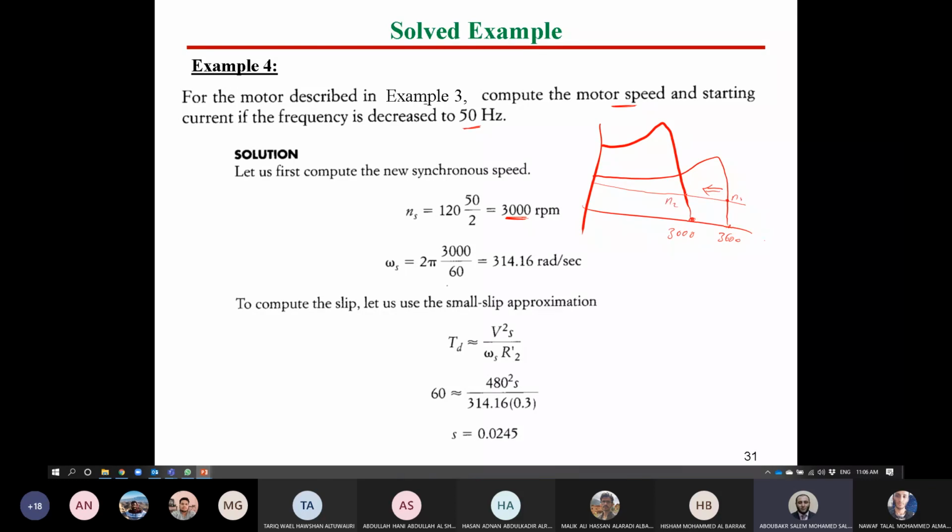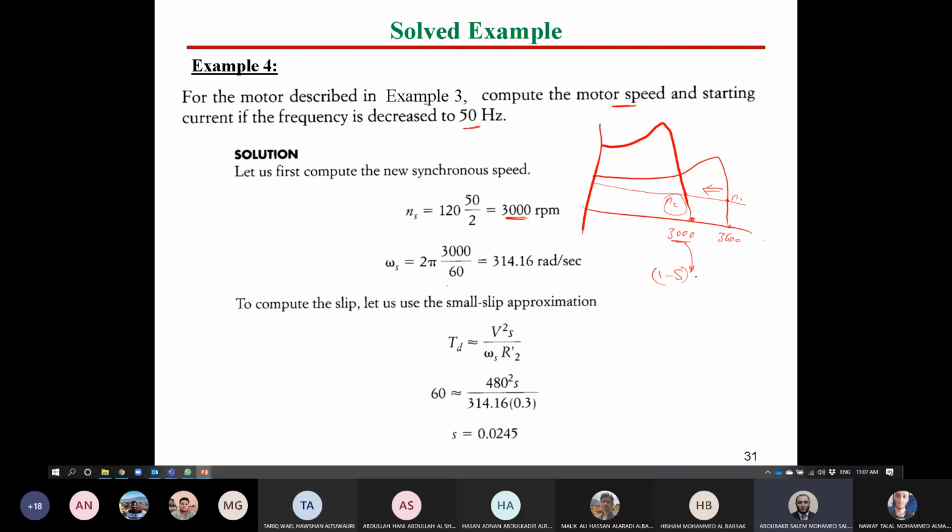In order to calculate N2, we need what, Shabab? We have synchronous speed. In order to calculate the rotor speed, what is the missing data now? The slip, exactly. So we need to calculate S. Then 1 minus S multiplied by the value of NS will give you the motor speed.